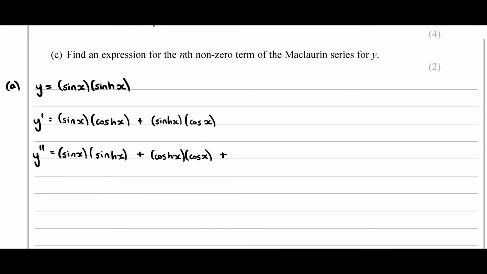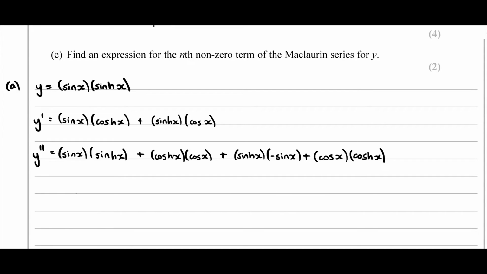And if we consider this bit over here, differentiating sin x, well, we have v, which is sin x, multiplied by u dash, which is minus sin x, plus u, which is cos x, multiplied by v dash, which is cos x.